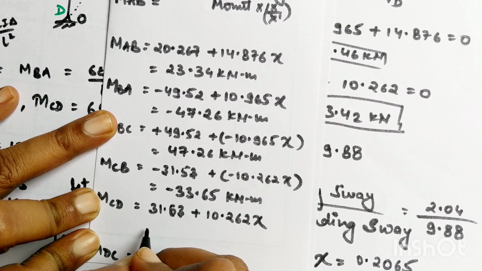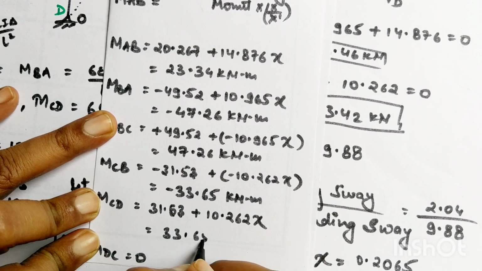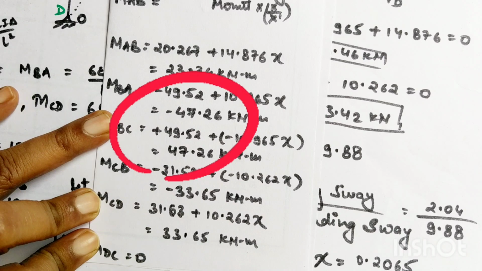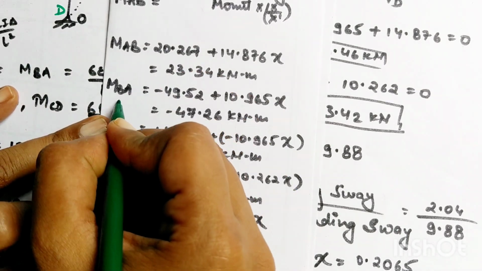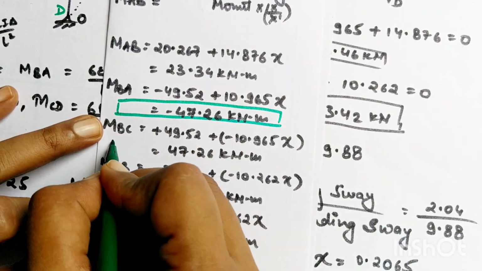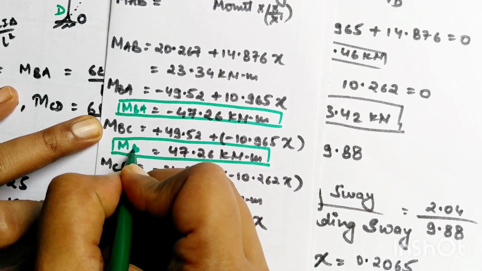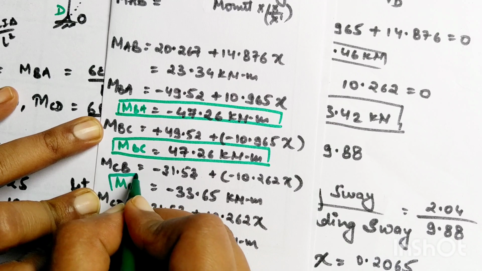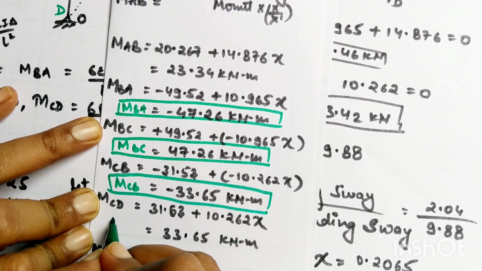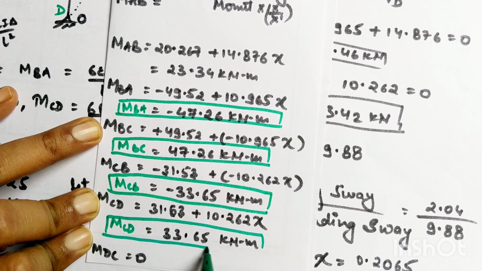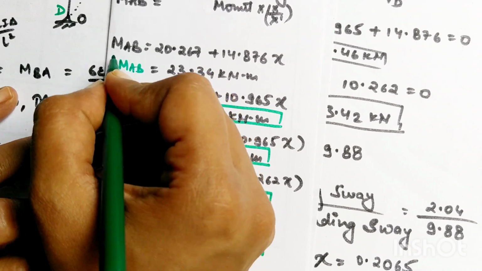So you can see in the answers that we are getting, your BA and BC are equal and opposite. You can check this one, BA, BC, these are just equal and opposite. So your CB and CD are also equal and opposite. So like that we have these answers.